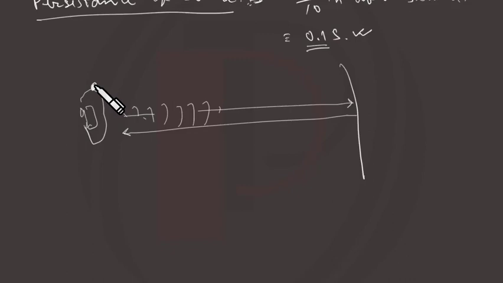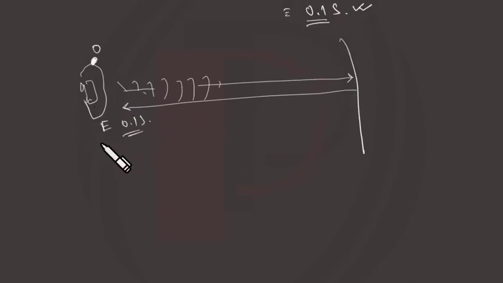We hear the original sound, and after that, the echo must reach our ear after 0.1 second. That means in 0.1 second the sound must travel all the way to the reflector and come back to our ear. So how much distance is that?